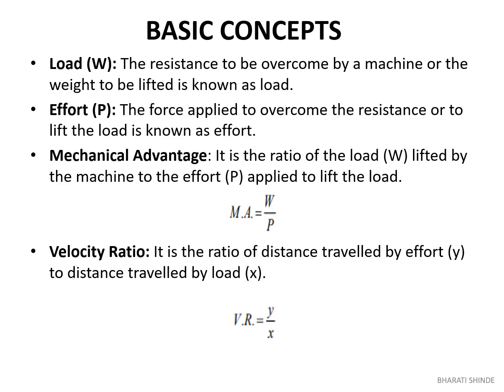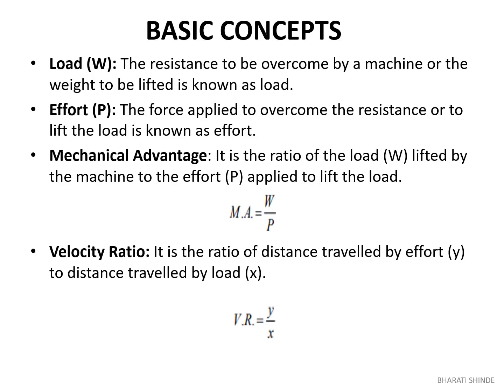Next, mechanical advantage. It is also written in short form as MA. So mechanical advantage is a ratio of load lifted by machine to the effort applied to lift the load. That is, it is a ratio of load to the effort.